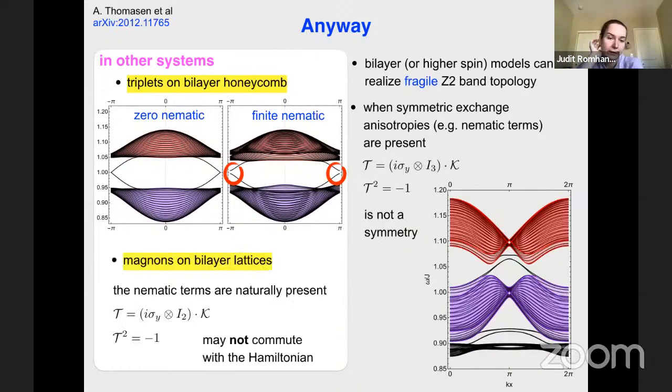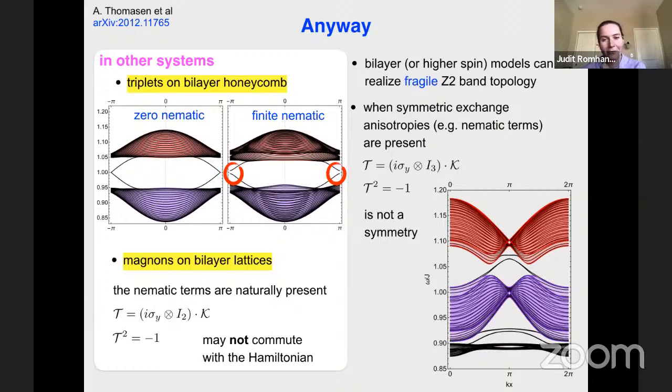And this is also affecting previous works on magnons, when we have bilayers without strong coupling between the layers, and instead of having singlets, we can have these antiferromagnetically ordered ferromagnetic layers. And there also, if you have nematic interactions, one can see whether they commute with this operator or not, or whether this is really a symmetry of the system or not.